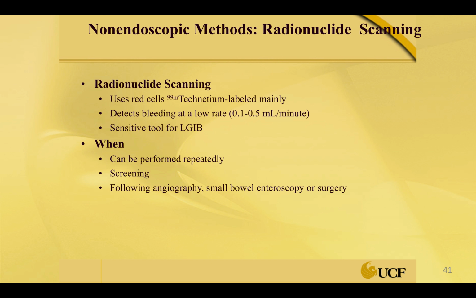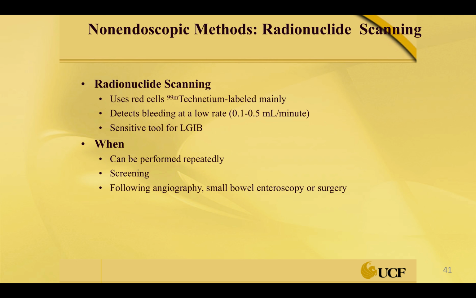Other non-endoscopic methods, one of them is radionuclide scanning. Radionuclide scanning uses red cells labeled with radioactive technetium, and detects bleeding at a very low rate. You recall from the upper GI bleed lecture that they're used for low rate bleeding, less than 0.5 milliliters.